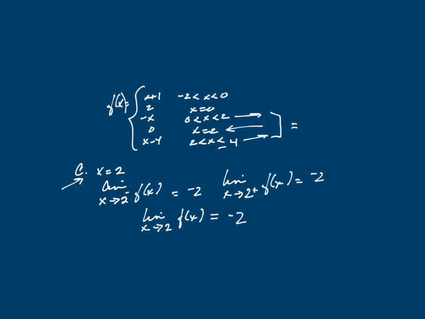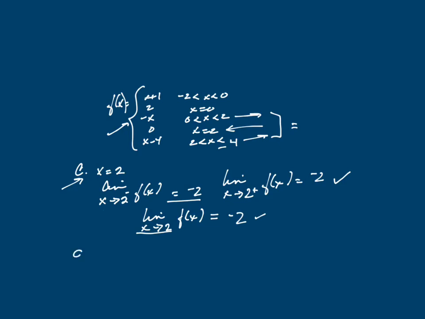So the limit as x approaches 2 from the left is -2 using negative x, and the limit as x approaches 2 from the right is 2 minus 4, which is -2. Since these are both the same, the limit as x approaches 2 in general is -2.